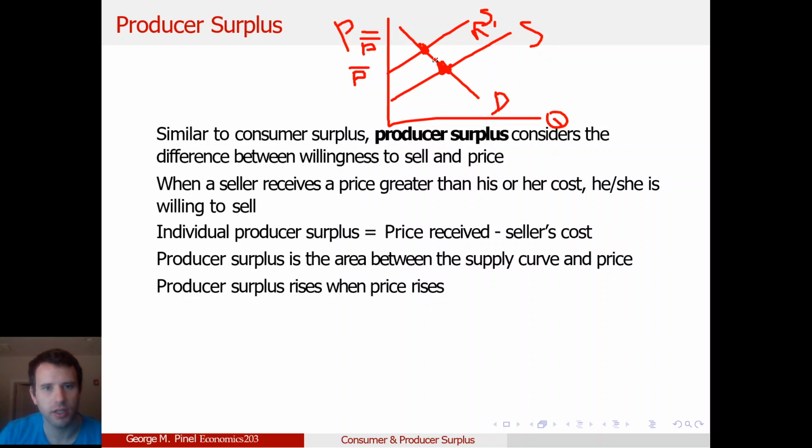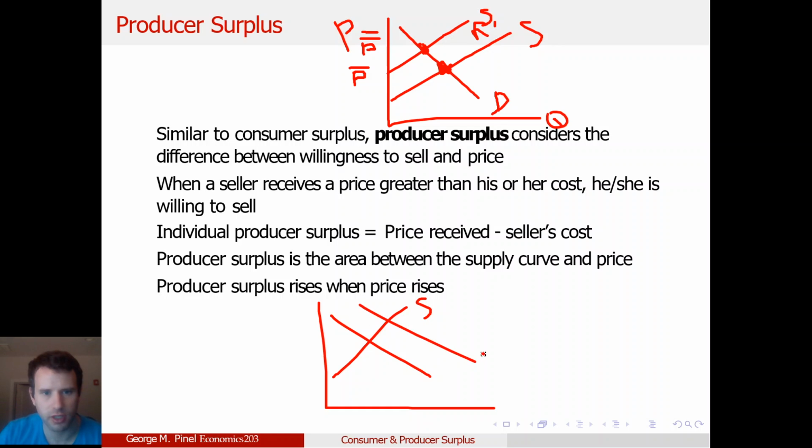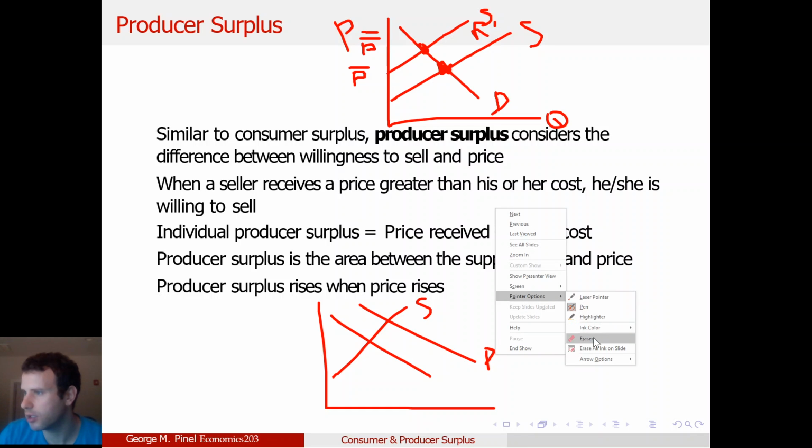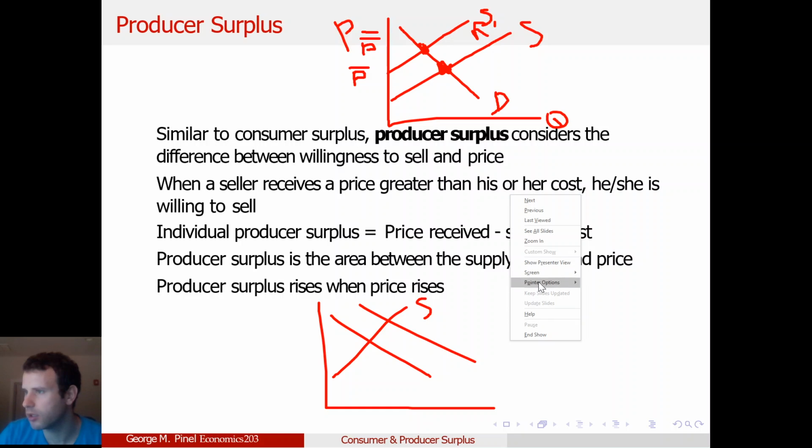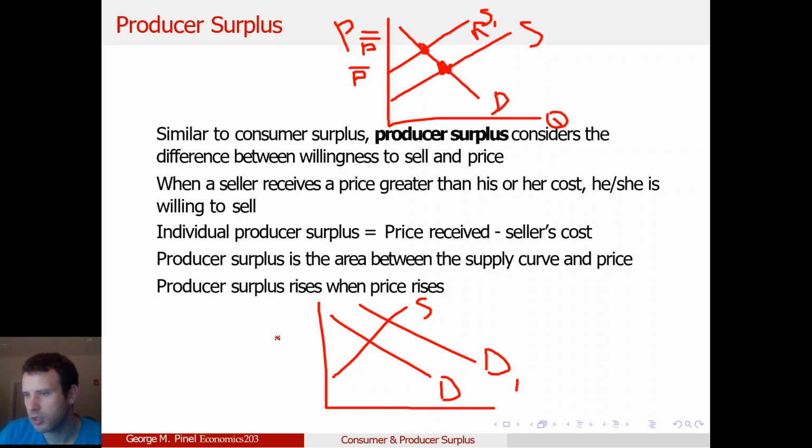So if we had a price increase as a result of a demand shift, so demand should shift upwards. So if the price increased, let's just be a D. So the price went from P bar to P double bar.